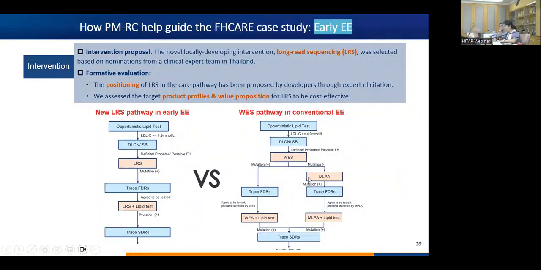Every negative test result of WES is followed by a confirmatory MLPA test, whereas no further confirmatory test is needed in the case of a negative LRS test. The LRS protocol similarly encompasses cascade screening for first-degree and second-degree relatives of probands with a positive genetic test.